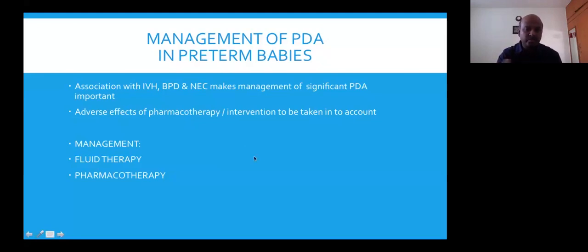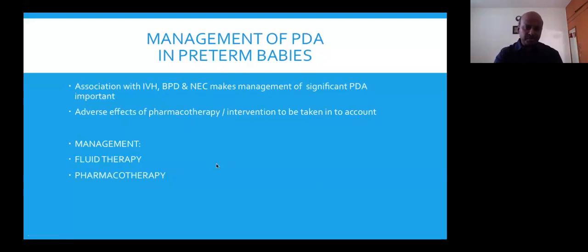If the urine output is not adequate, then you either control the dose or withhold the dose between the second and third dose. BNP has been used as a monitoring marker for treatment with indomethacin.